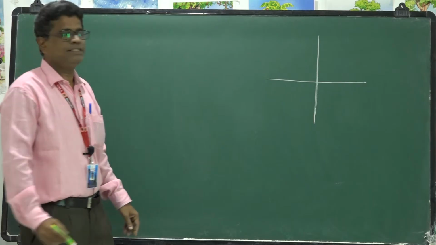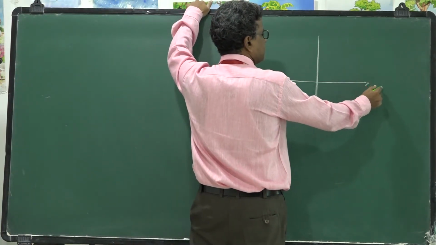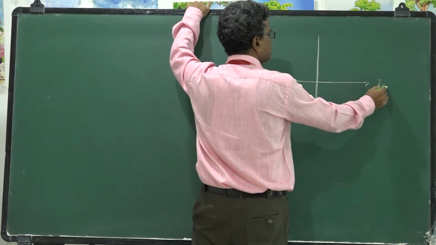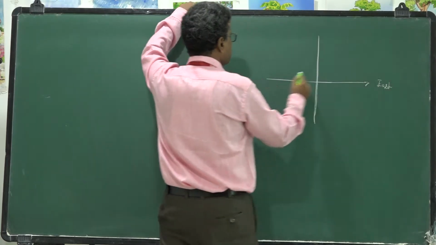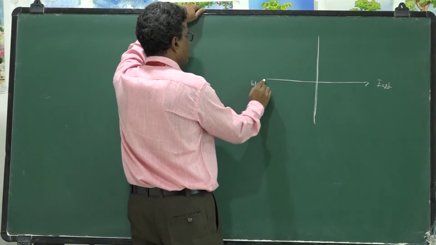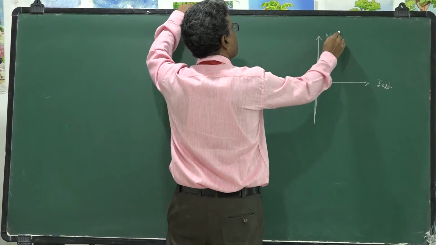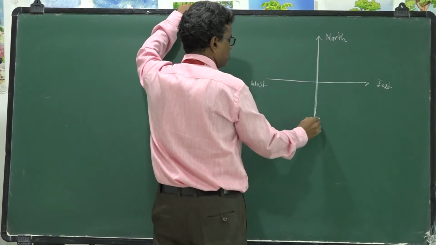Generally, we can represent directions as east, west, north, south.